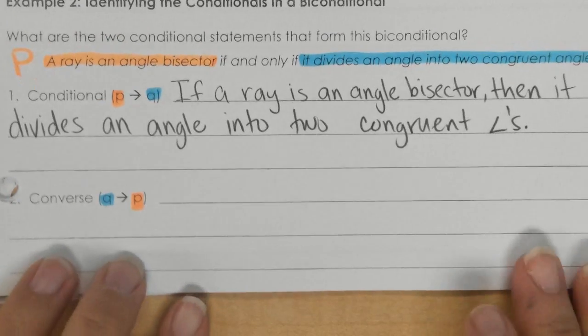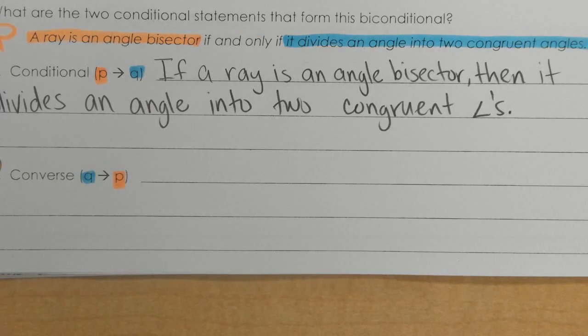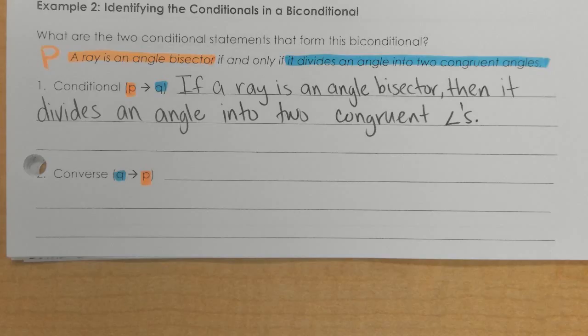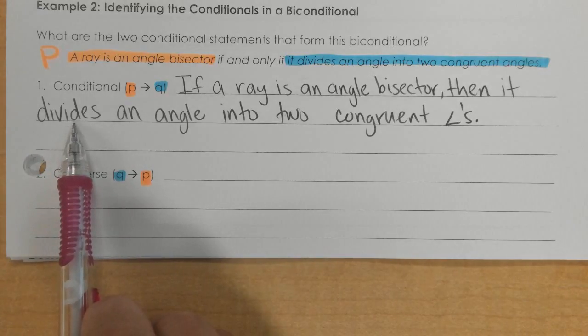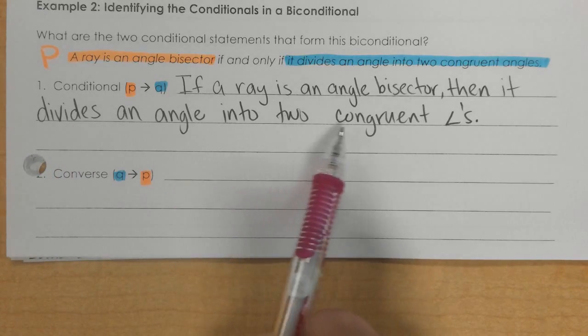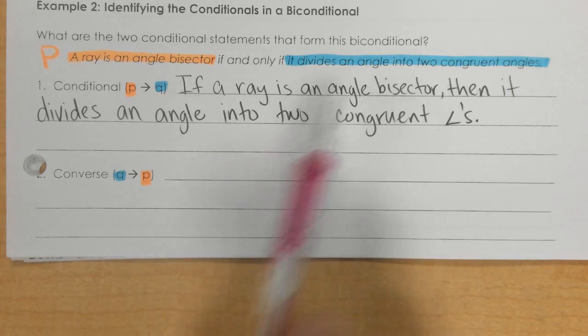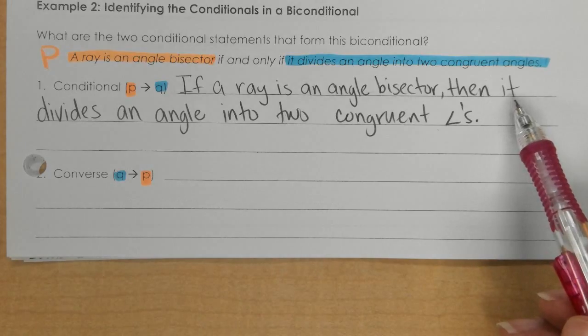For the converse, I'm just taking my P and my Q and flipping it around. So now I'm going to say if it divides an angle into two congruent angles, then a ray is an angle bisector. But it doesn't make much sense if I use that pronoun first, it.